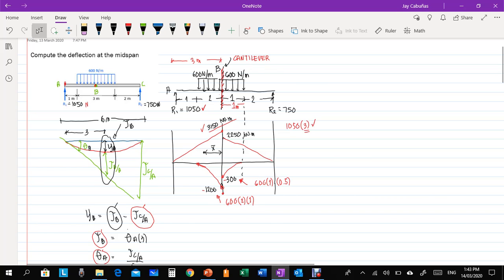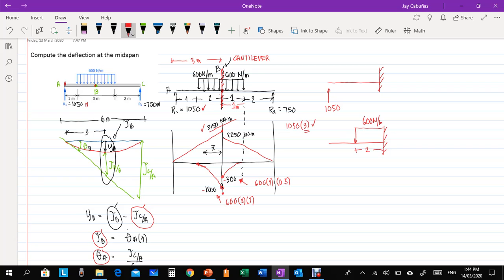So it is as if you separate the moment diagram for each load. Okay, like for example, this is a cantilever. So this is 1,050. The other load is 600 Newton per meter. How long is it? 2 meters.